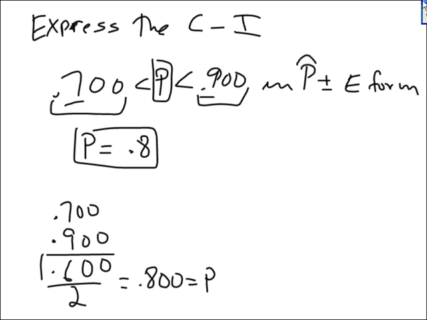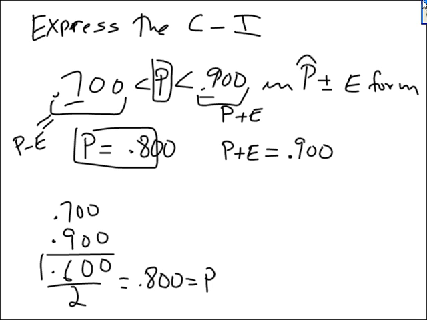Now, remember, this must be p hat plus E. If you prefer, that one's p hat minus E. So you know that p hat plus E is equal to 0.900. But we know what p hat is now.